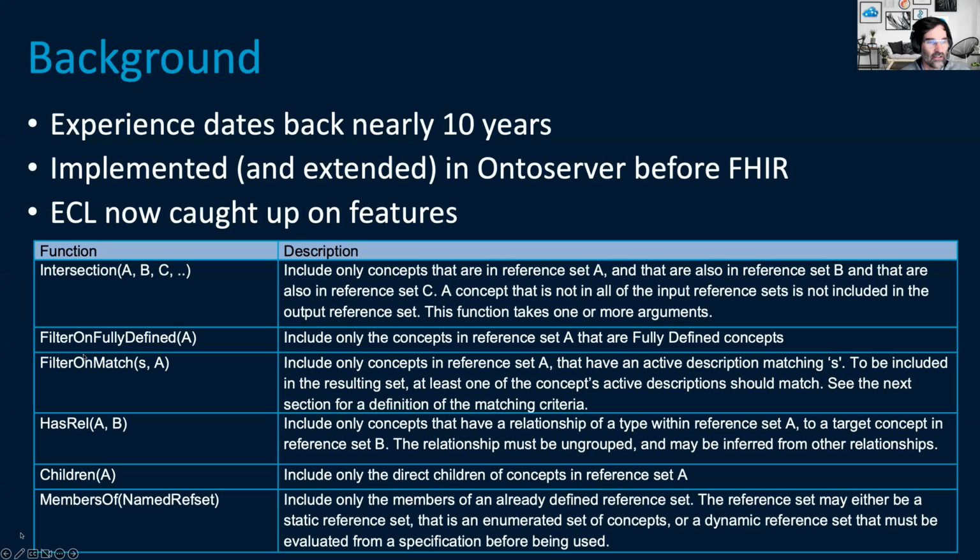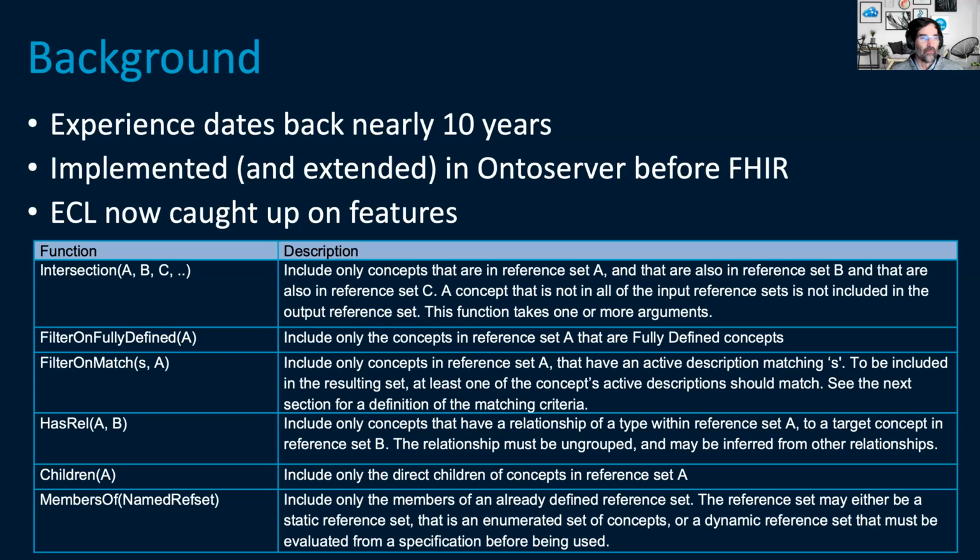You can get an idea of some of the features here. You've got intersection, you can check whether something's fully defined, whether it matches a particular description, whether it belongs to a reference set. You can get the children of a concept or an expression. You can match on attributes. And so that was kind of the initial proposal.